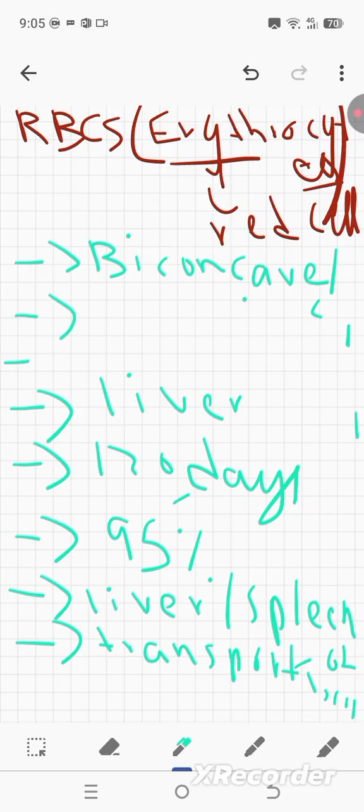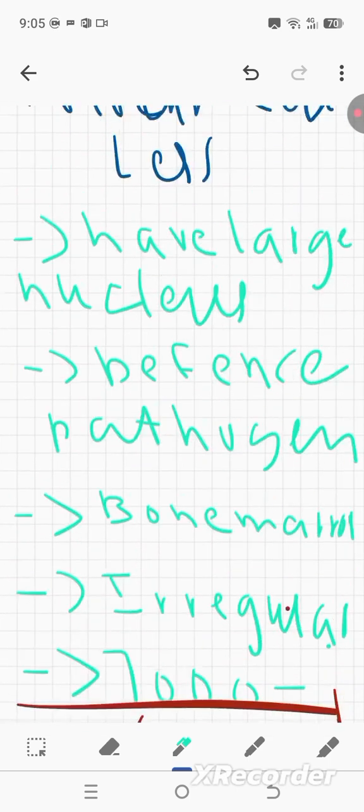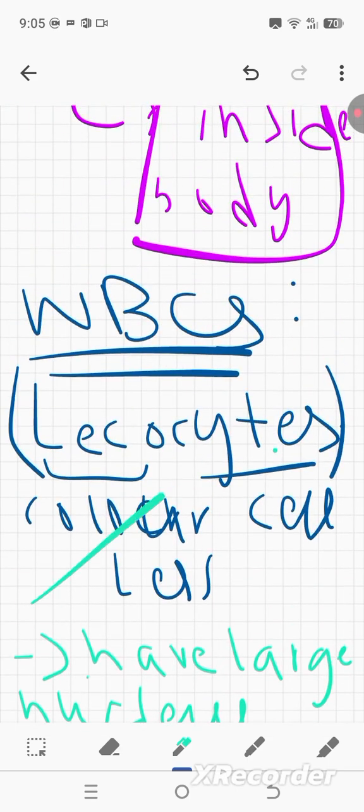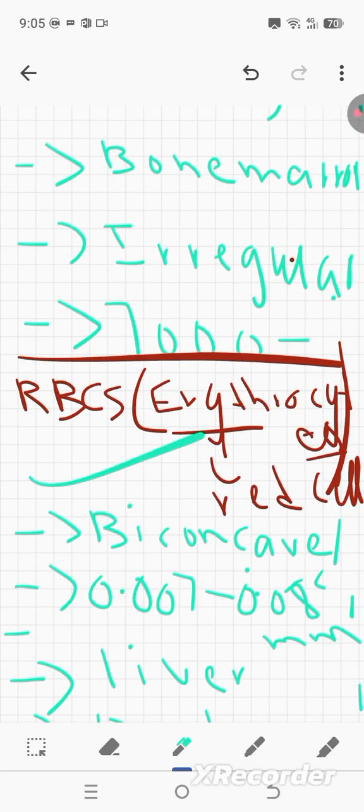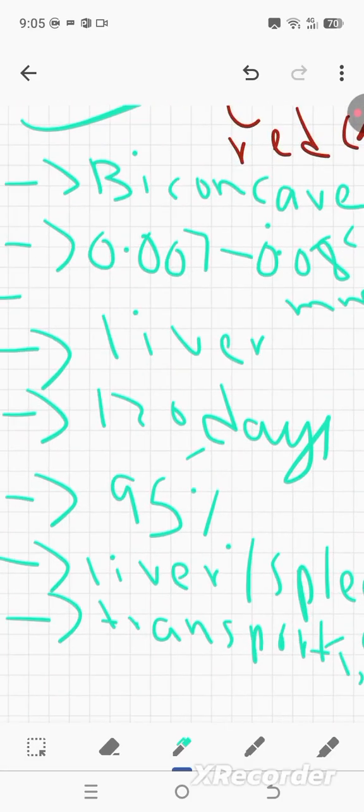And the size of RBCs is 0.007 to 0.08 millimeter, or micrometer. This was all about white blood cells and red blood cells. We are done with today's topic. That was a very easy topic, and now we will have a look at the heart. Then we will be done with the circulatory system. Thank you so much for watching.